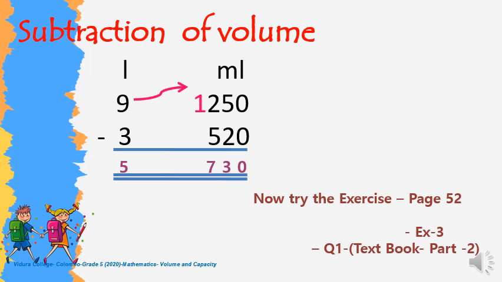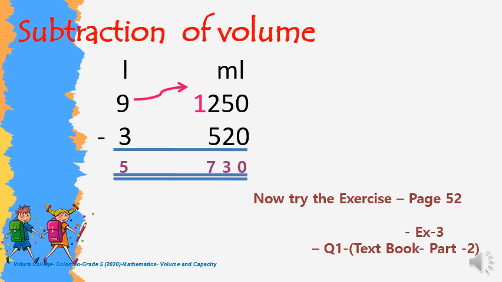Subtraction of volume. Let's start from the milliliter side. Can you take away 520 milliliters from 250 milliliters? No. So, what you have to do is take 1 liter from the liter column. Now, you have 1250 milliliters with you.